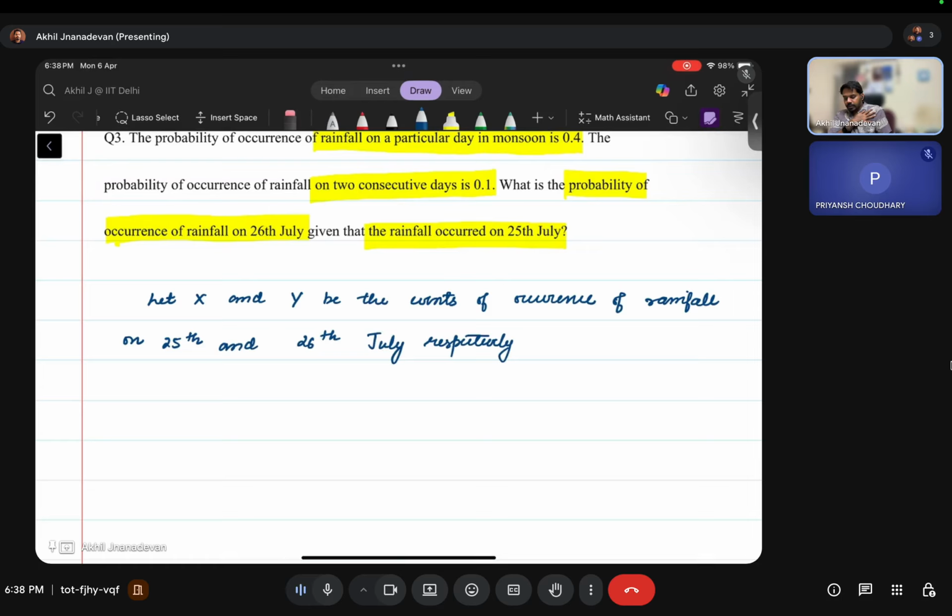So X is the event of occurrence of rainfall on 25th July and Y is the event of occurrence of rainfall on 26th July. This is how we define the events.